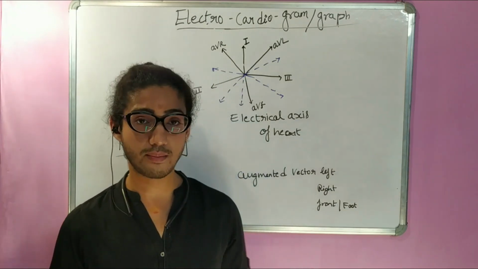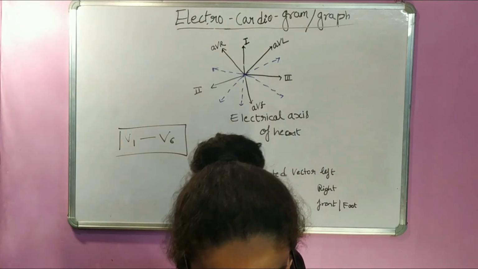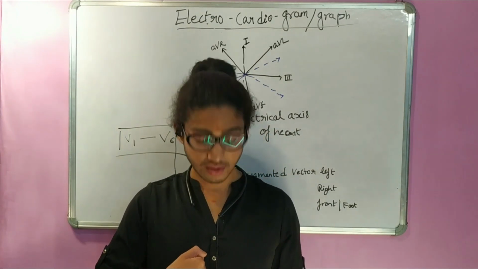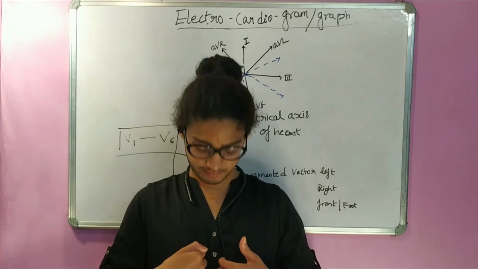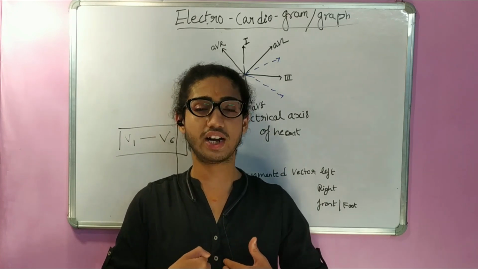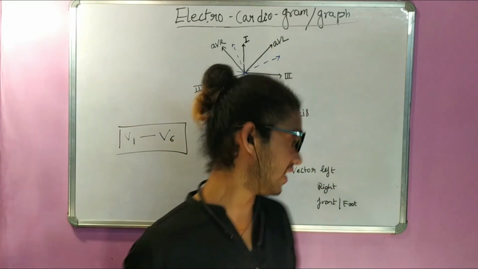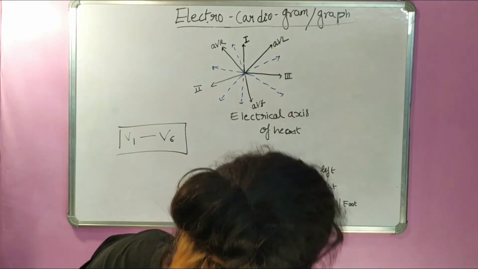And how are they placed? Now look at me. So here is going to be your first V1, just next to your sternum. Okay, the rib cage where it divides. It's pretty difficult to understand it like this. Let me draw it for you.